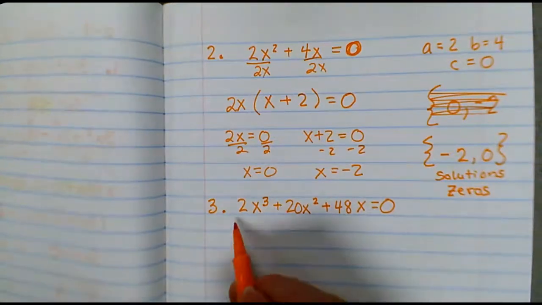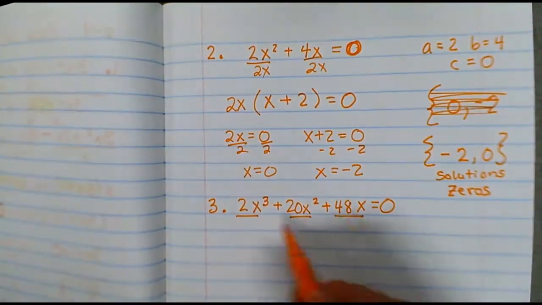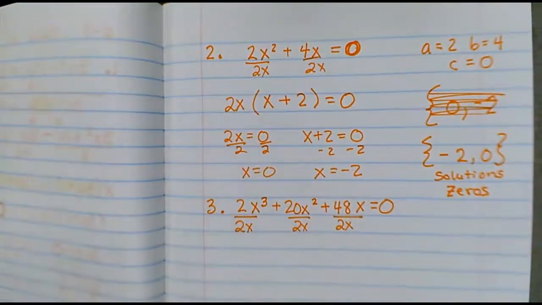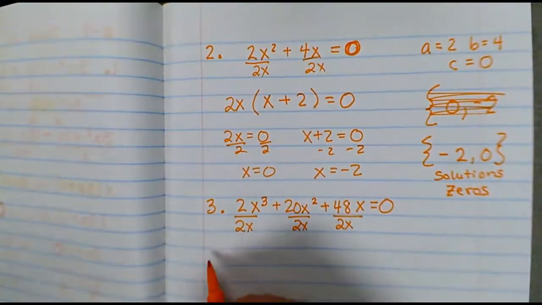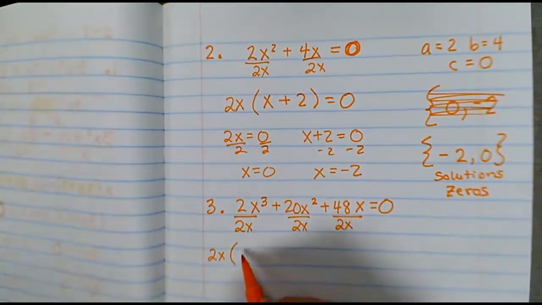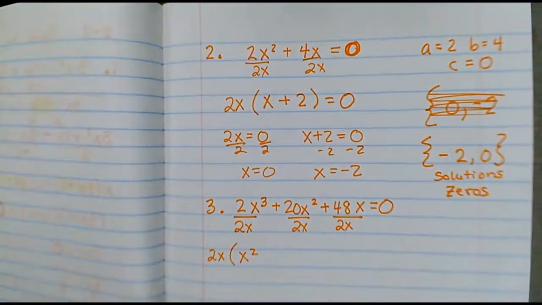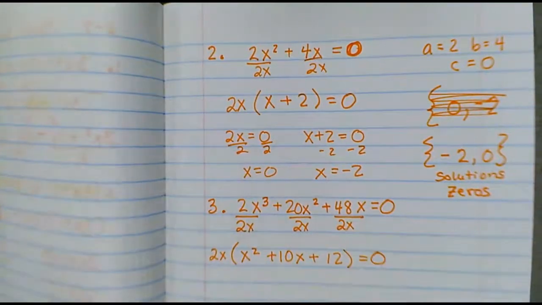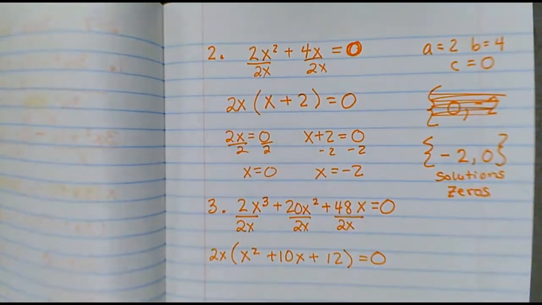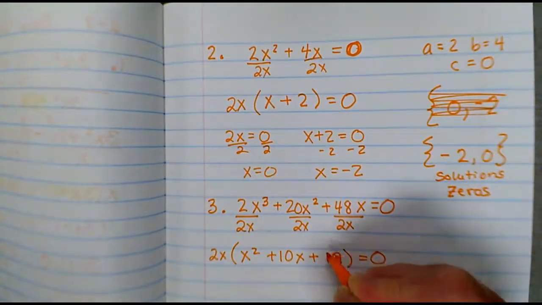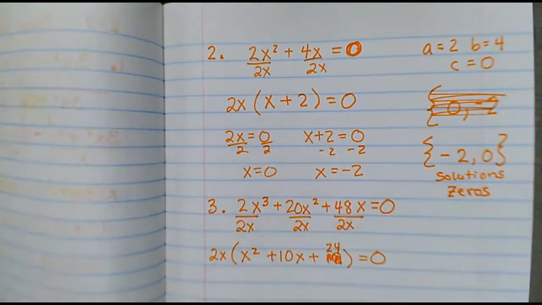Do we have a GCF? 2x again. So the 2x comes out in front. Let's do this correctly. This number should be a 24.